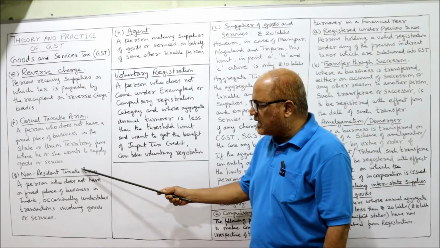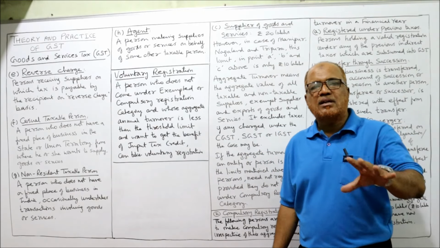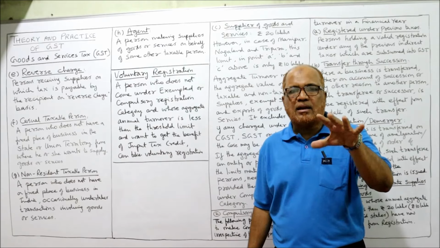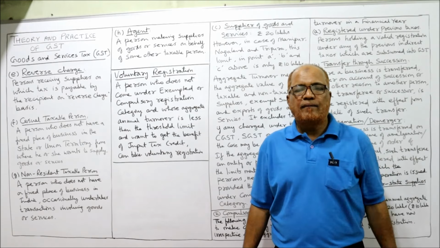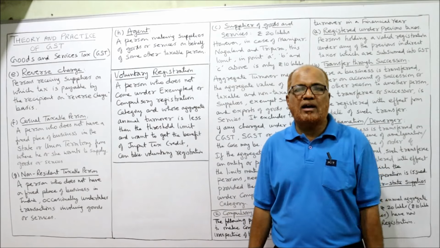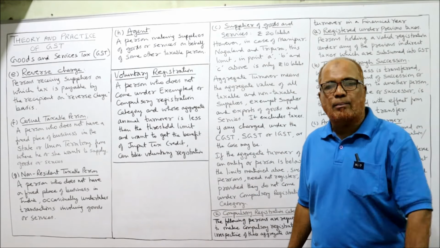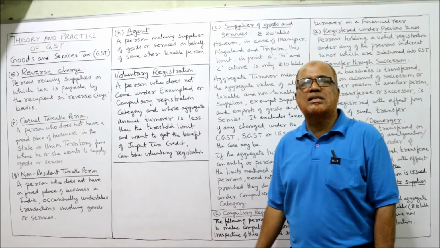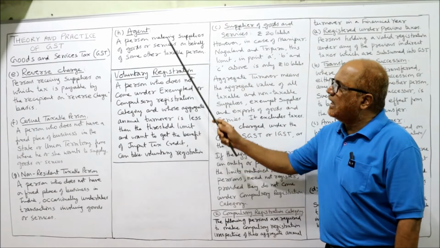Next, non-resident taxable person. If a person does not have a permanent residence in India, always coming and going out of India, in that case also it is compulsory for the business to get registered. Next one, agent.